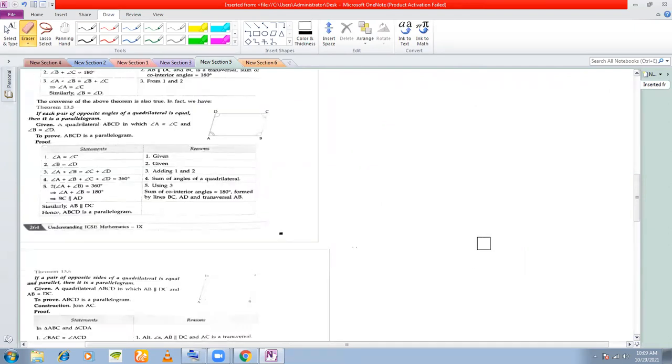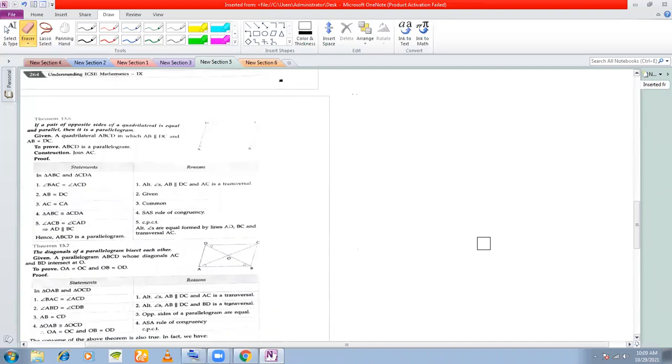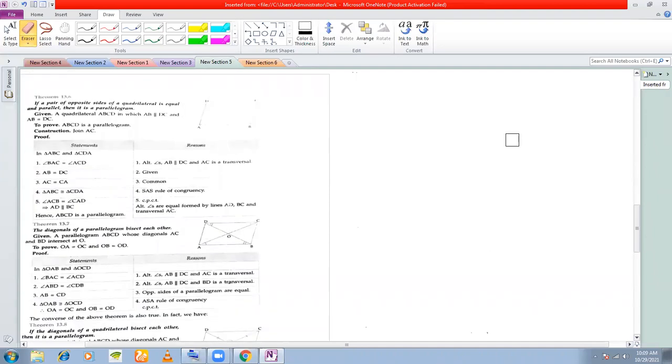Next theorem here is, remember that all these theorems we shall be using when we'll be doing sums. Right now I'm discussing the proof, but we shall be applying these theorems later on.